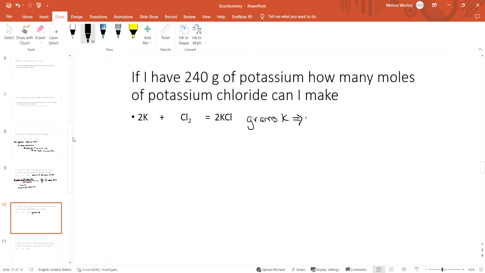I have to then go to moles, because moles is what is given here. Your coefficients represent moles. So you have to go from grams of potassium, to moles of potassium, to your moles of potassium chloride.